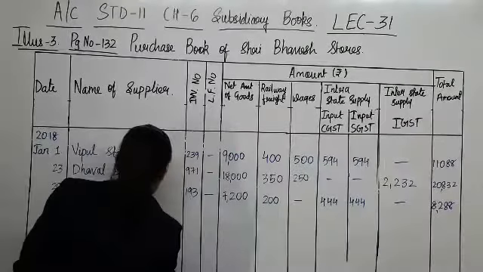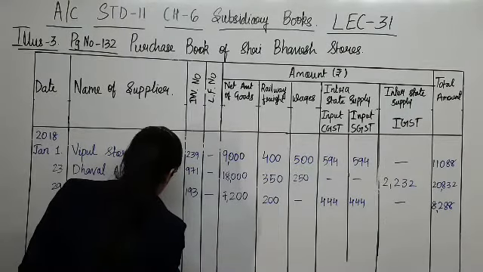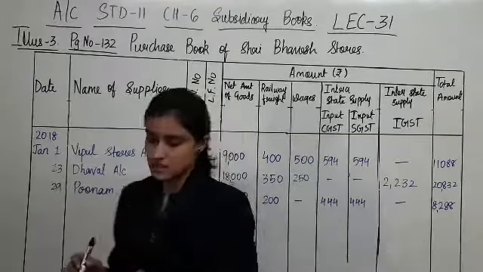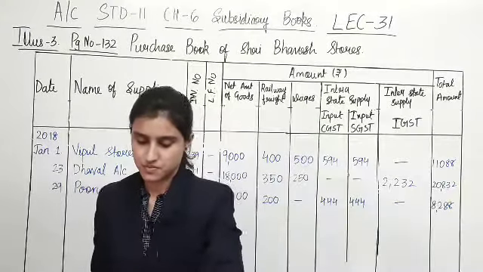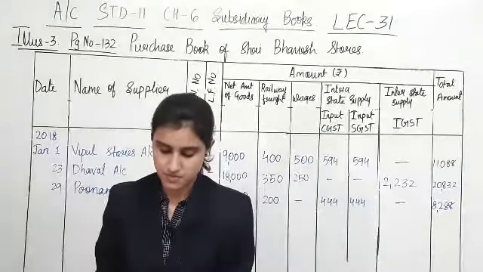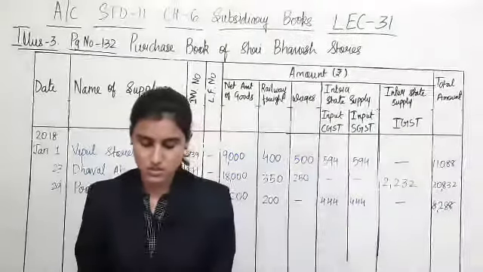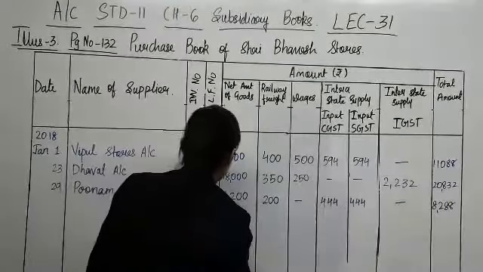The only and last thing that is left for this sum is the total. So total we are going to write: 9,000 plus 18,000 and 7,200. 34,200 is the total for net amount of goods.